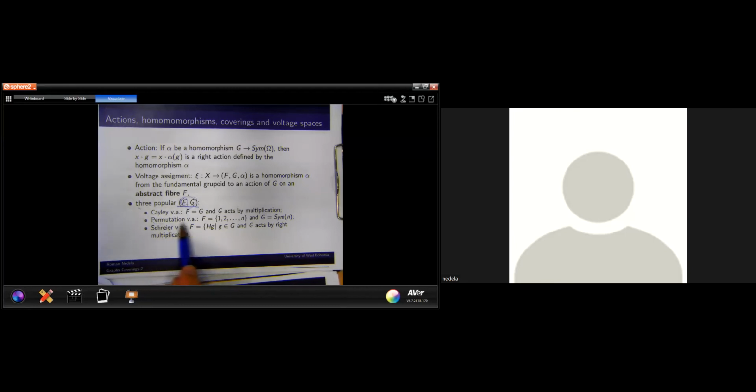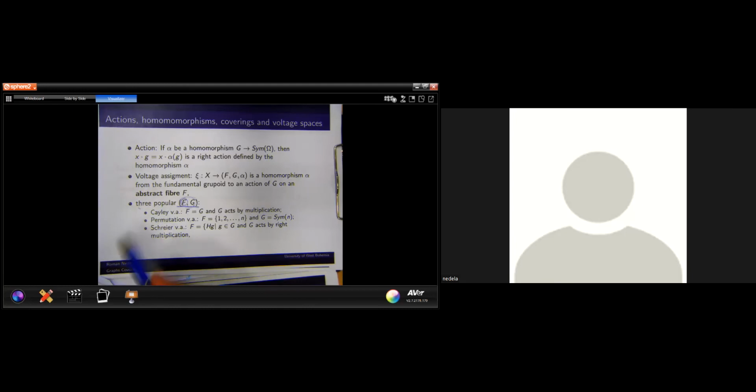If we have permutation voltage assignments, then the abstract fiber is just the set 1, 2, up to n, and G is the symmetric group on n. And if we consider Schreier voltage assignments, then the abstract fiber is formed by cosets defined by some subgroup of G, and again the action is by right multiplication.